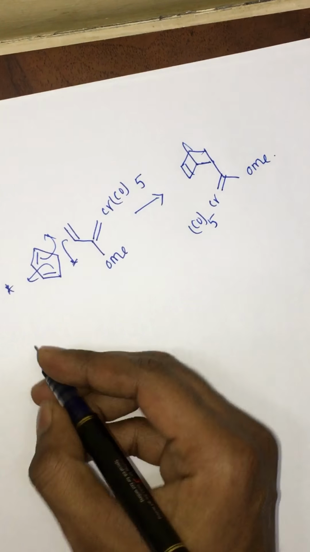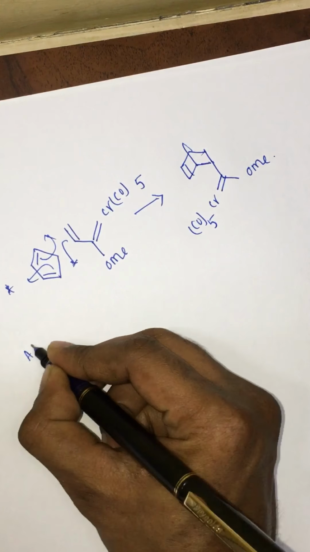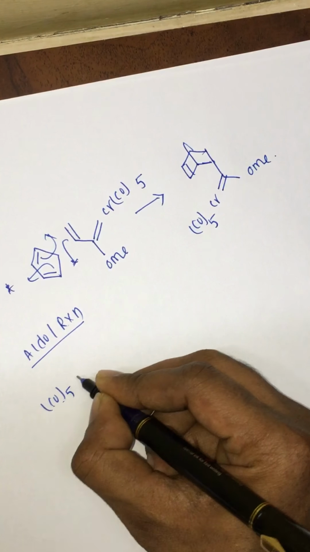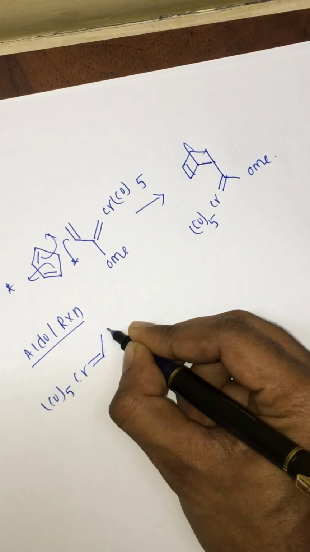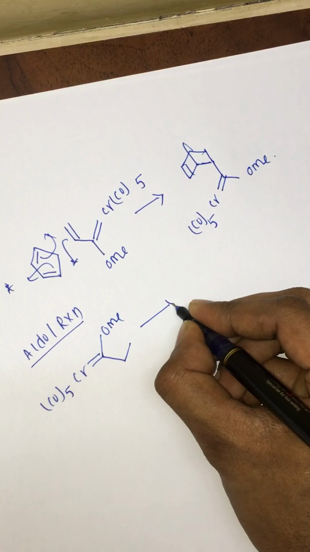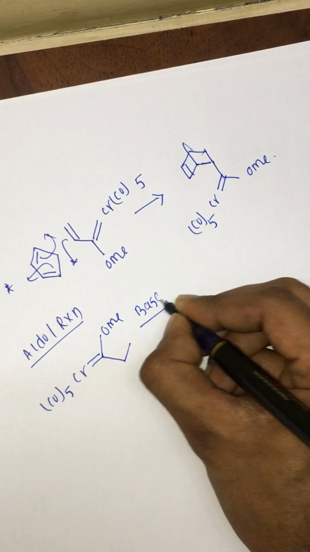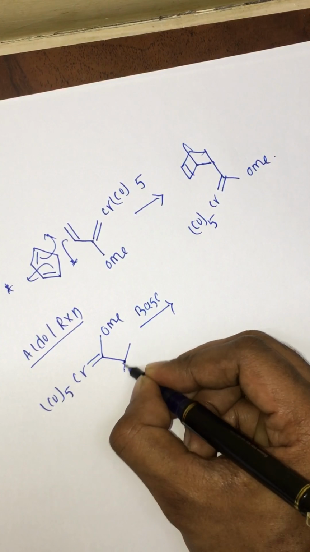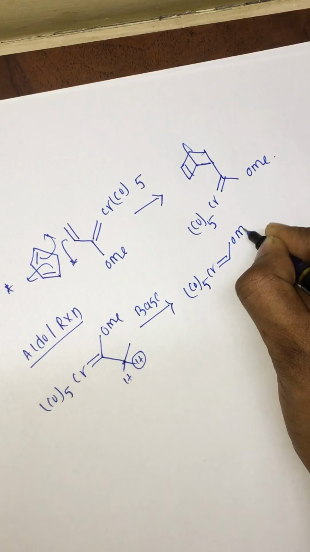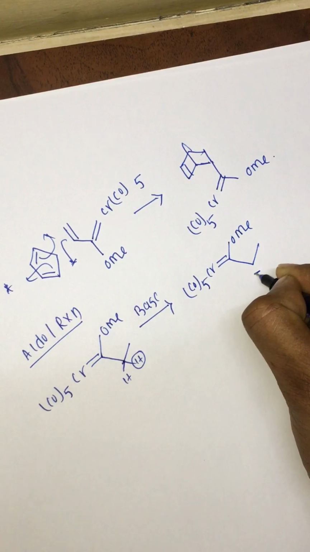And then we have the aldol reaction also here. We will take the same example, CO5Cr double bond OMe with an ethyl group, and we will take a base here. This will be highly acidic in nature, so this proton will be abstracted by the base. After abstracting, a negative charge is here.